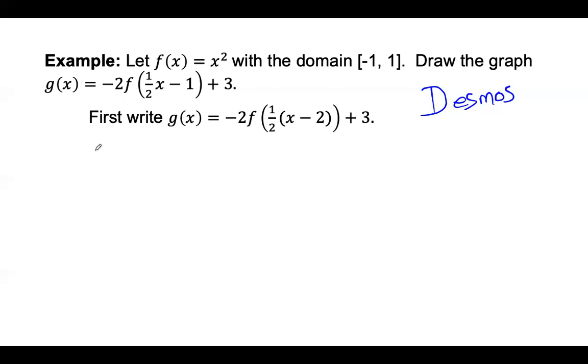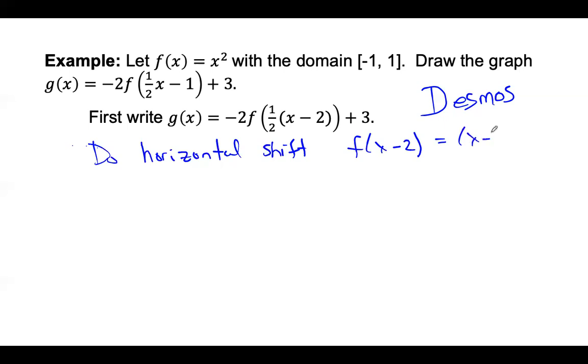The first thing you would do is a horizontal shift of f of x minus 2. You plug this in and you get x minus 2 squared.